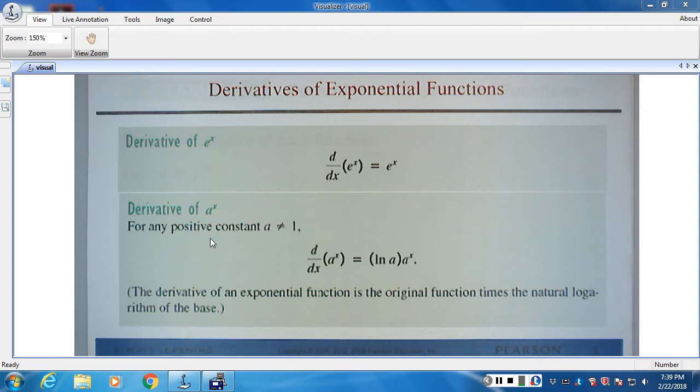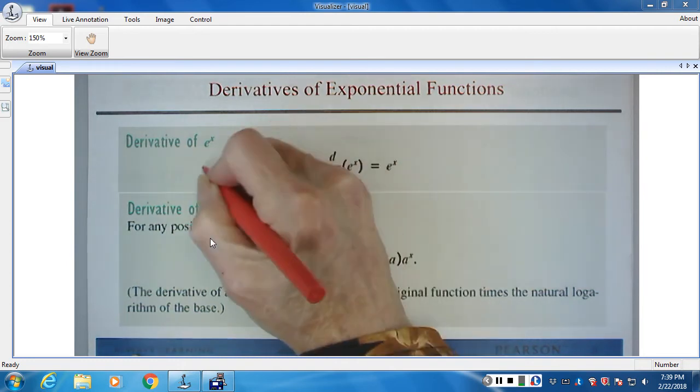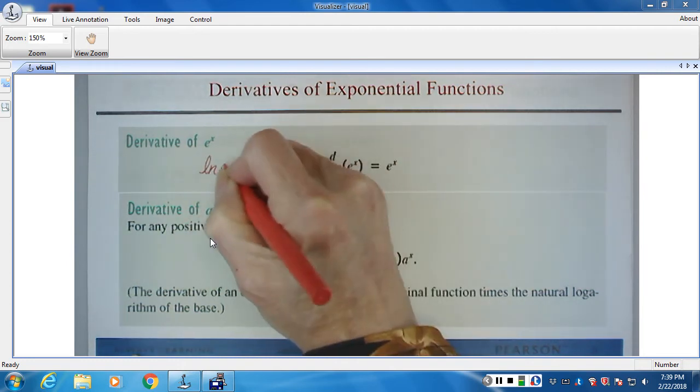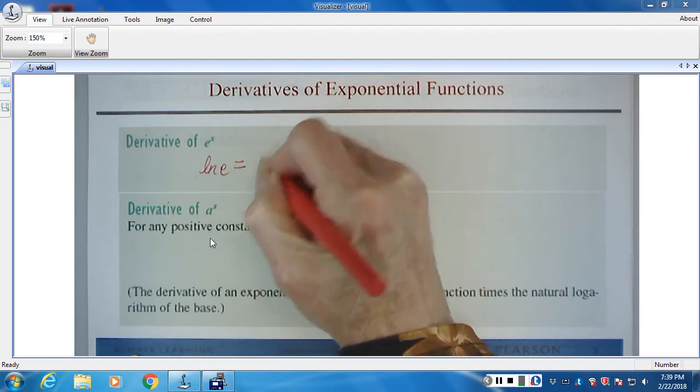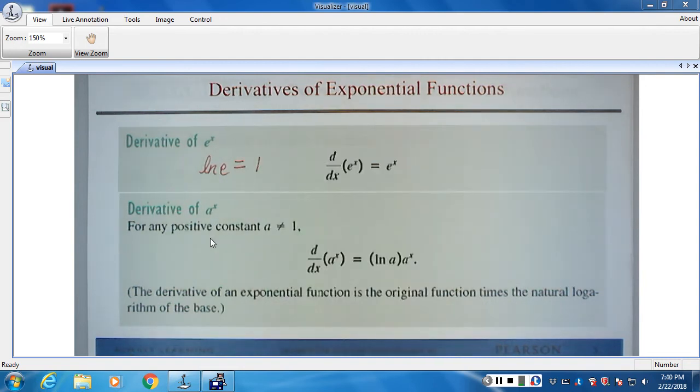The reason that you didn't actually see that happen in the derivative of e to the x is because the natural logarithm of e is equal to 1. Okay?